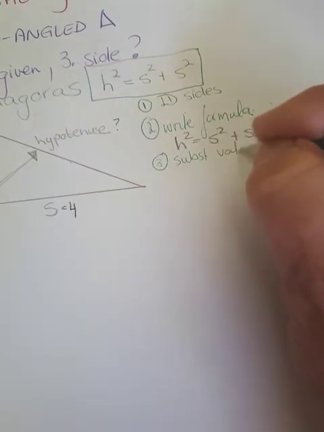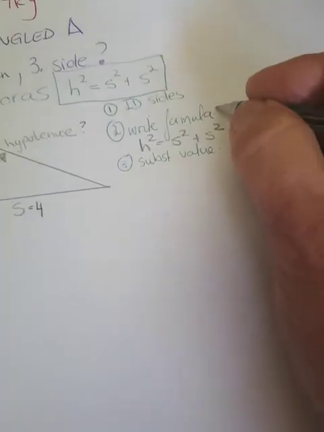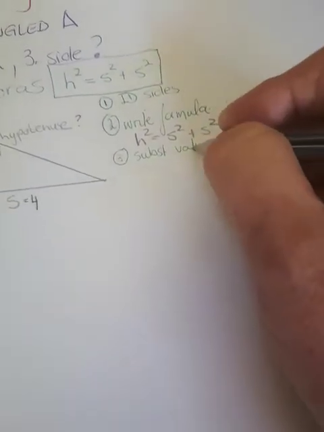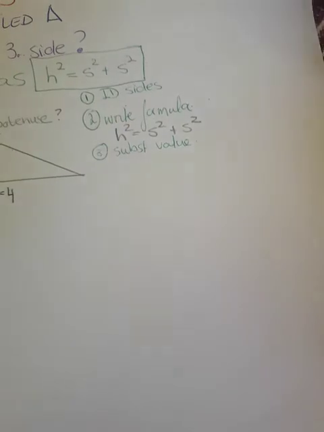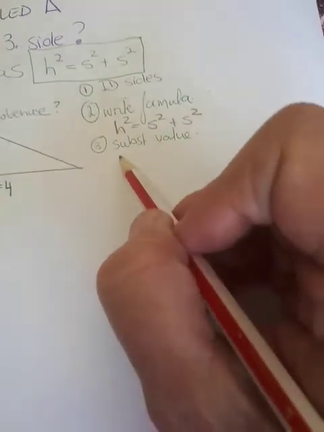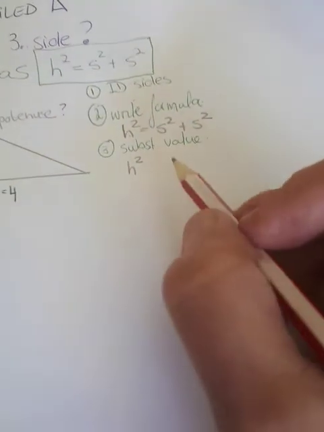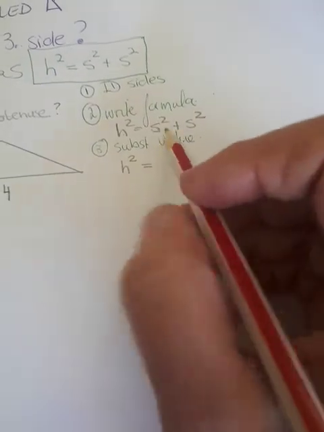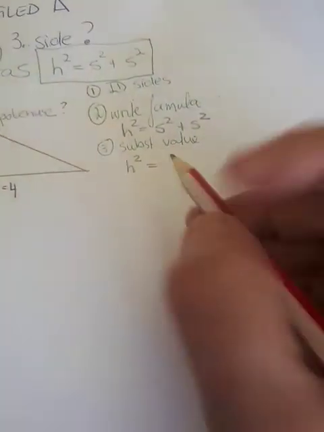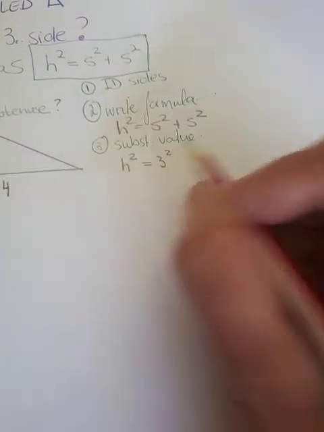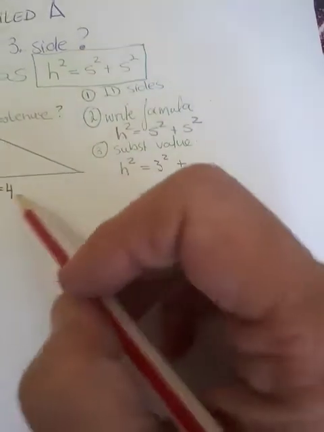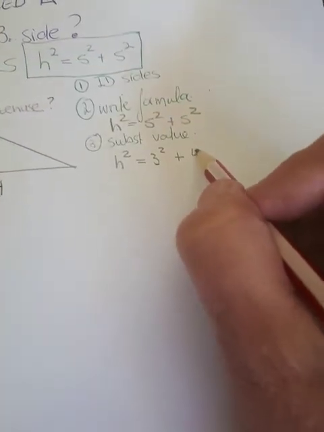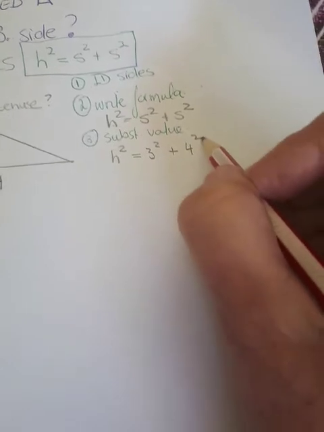That's always the same in mathematics. When we work with a formula, the next step is substituting values. Okay, so instead of h, we cannot write anything because h is being asked. Then we take the first side, which is 3, and we square it, plus take the second side, which is 4, and we square it.